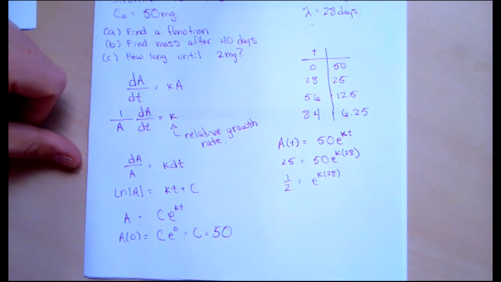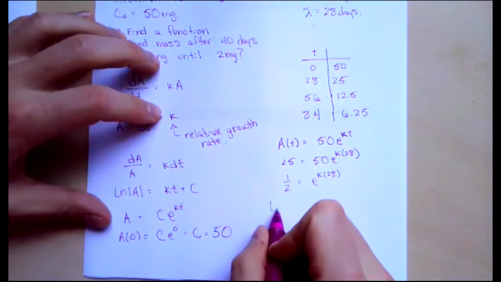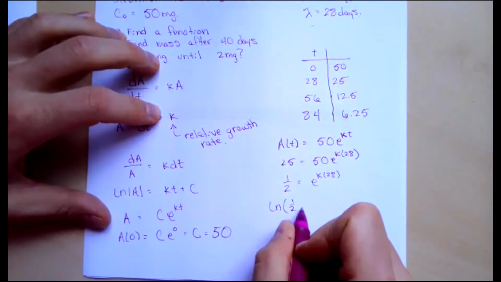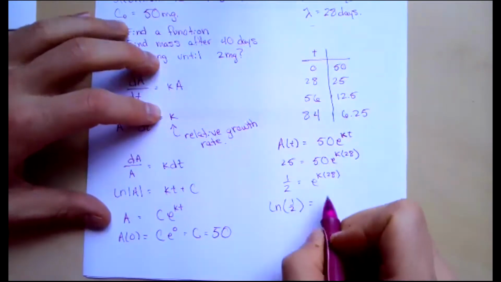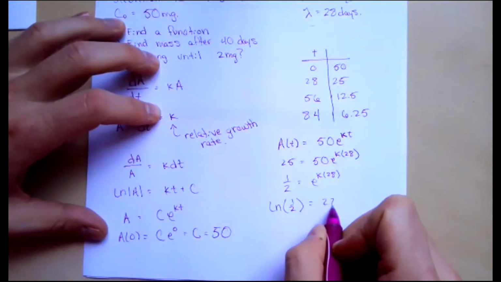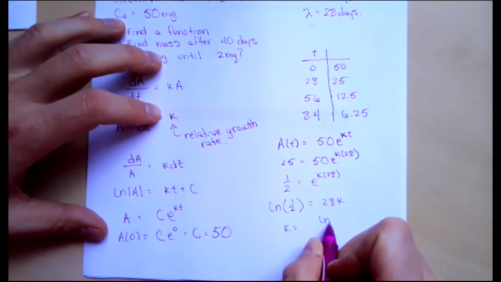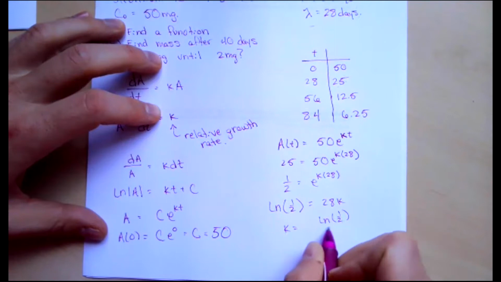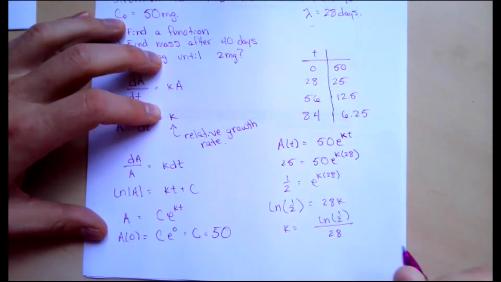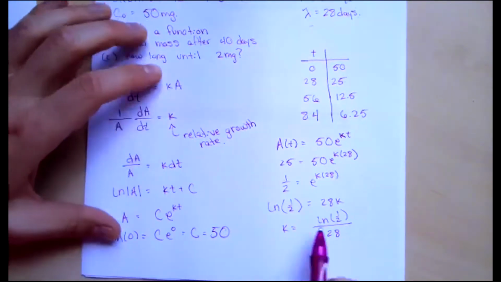So how do we solve for K? Natural log of both sides. So we've got natural log of 1/2 is equal to 28K. And so our K is equal to natural log of 1/2 divided by 28. You will commonly see this.